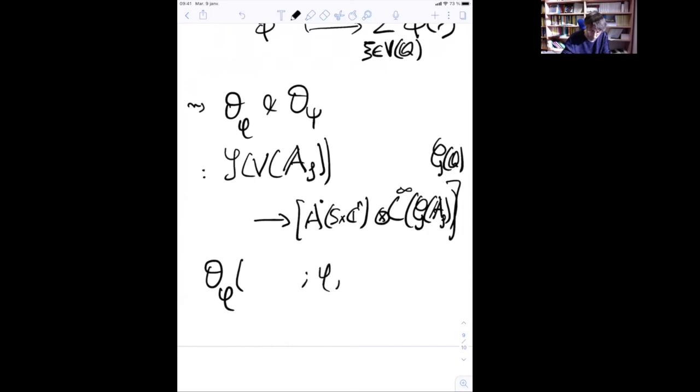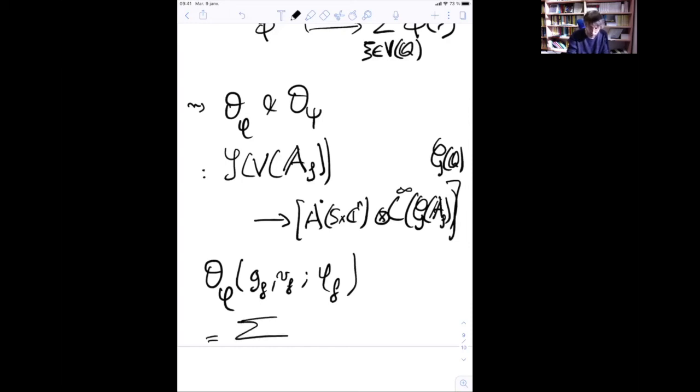So usually I put it here. And then you can evaluate also on a point in calligraphic G of A_F, which is just a couple (g_F, v_F). And when you evaluate this, you get a differential form on S cross C^n. And what is this expression?